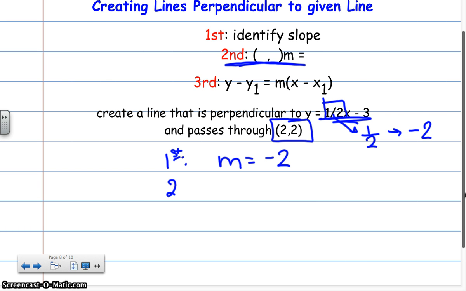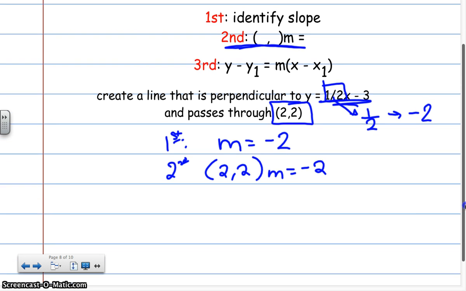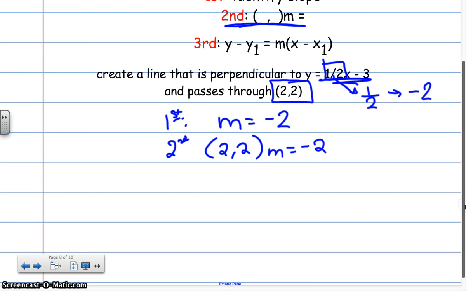My second step is I take my point, 2, 2, and my slope is equal to negative 2. Now I create the equation. Third, I'm going to go y minus 2 is equal to my slope times x minus the x I'm given.